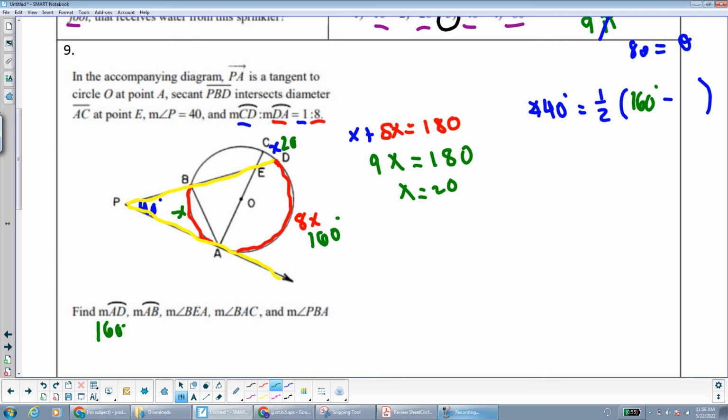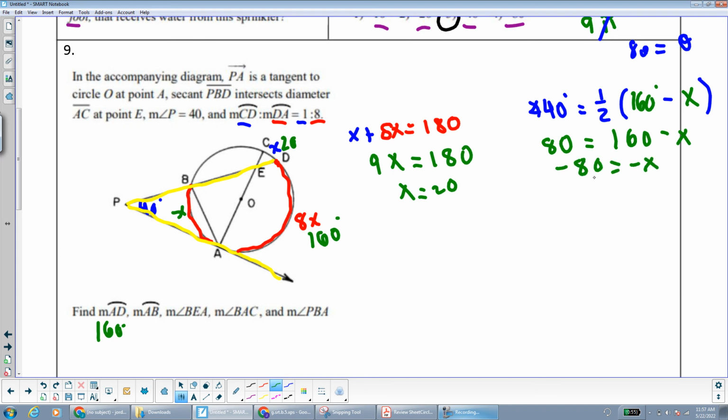Minus small arc, which is AB, that's what we're looking for, I'm going to represent that as x. So I'm going to start off by multiplying both sides by 2 so we can get rid of that 1/2. Then I'm just going to subtract 160, so I have 80 minus 160. That is negative 80.